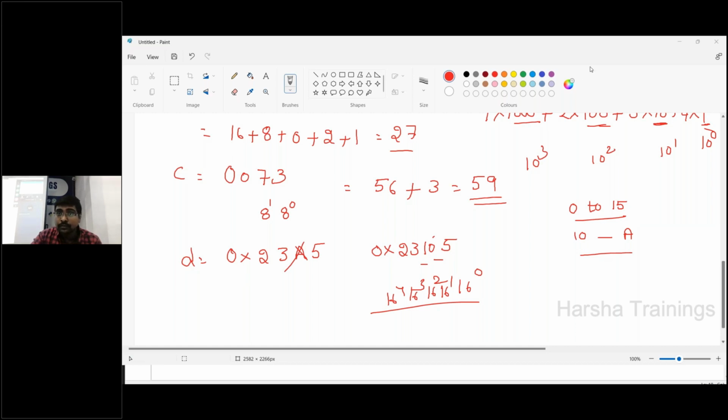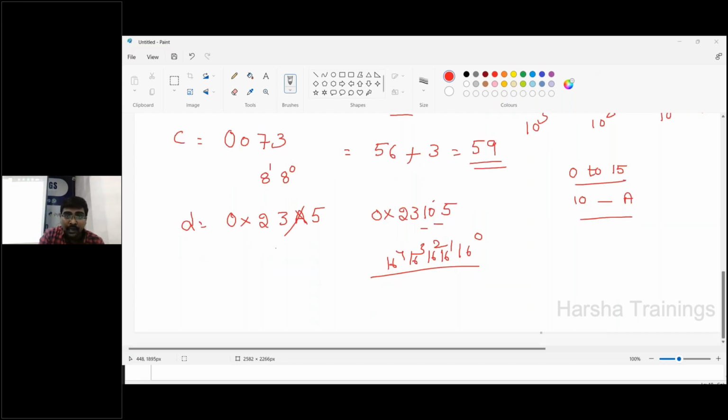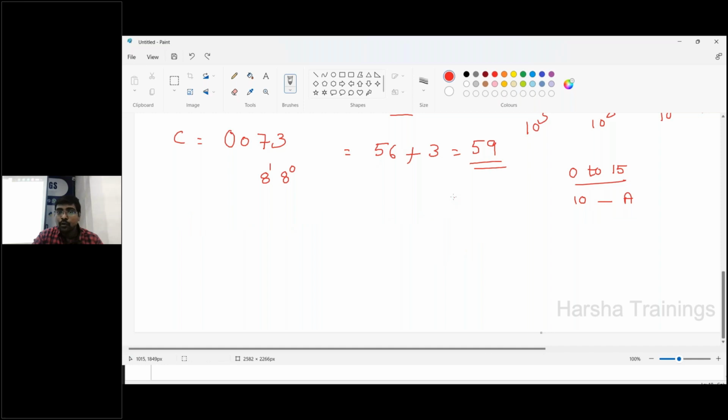Okay. See this one. Here, you know, the numbers are from 0 to 9. So hexadecimal numbers in the sense 0 to 15. Now the question is, why have I given A, B, C, D for the values 10 onwards? Suppose take any number. For example, my number is 12. 12 is divided by 16.